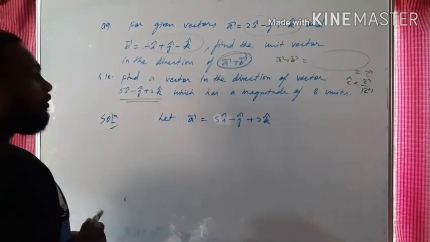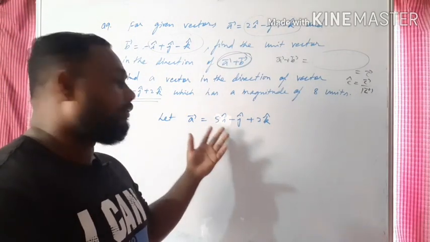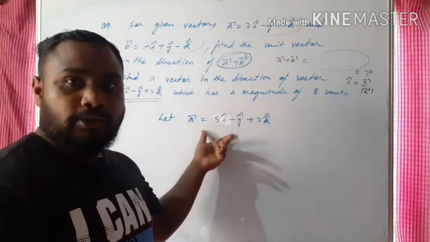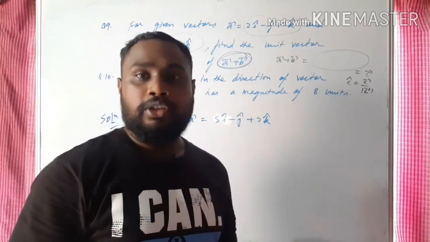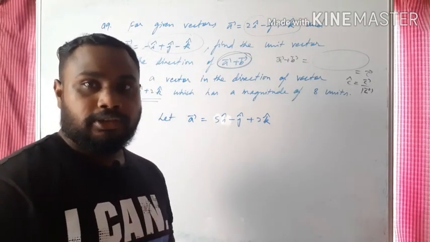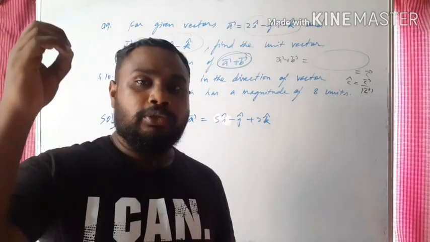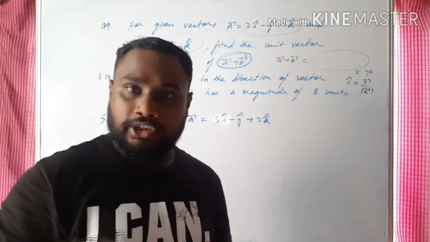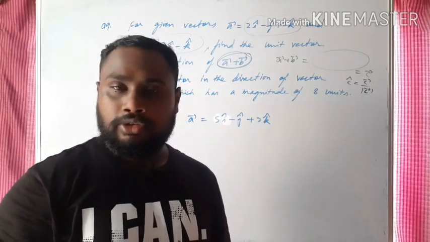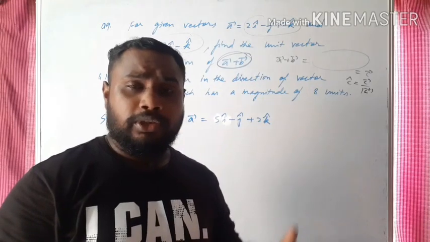I want to find another vector which is in the direction of this vector only and has magnitude 8 units. If I want to find its direction, first of all I will find its unit vector. So I will get its direction. A unit vector always gives the direction. While finding direction cosines, what were we doing? We were doing the i component divided by the magnitude, x by r, y by r, z by r. Actually, while finding the unit vector also, we are doing the same thing only.